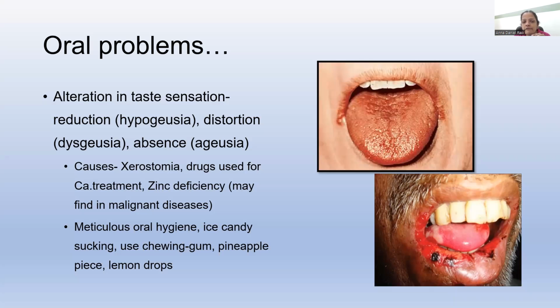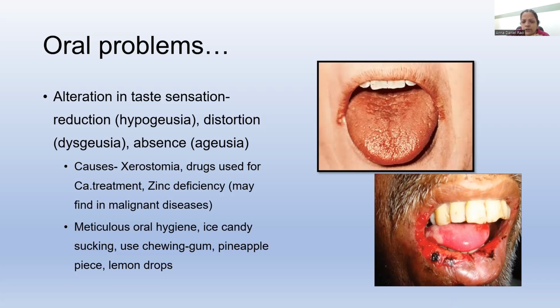A person can have zinc deficiency also, right? Especially in cases of malignancy. So we need to give supplements in them. Many times the person can suck on ice candies.